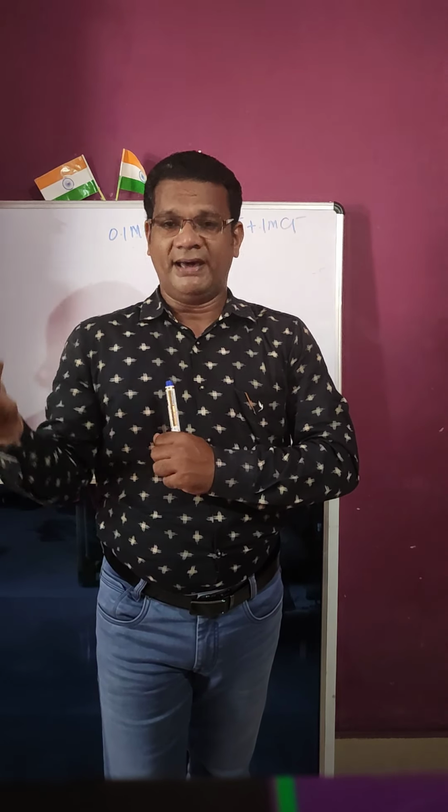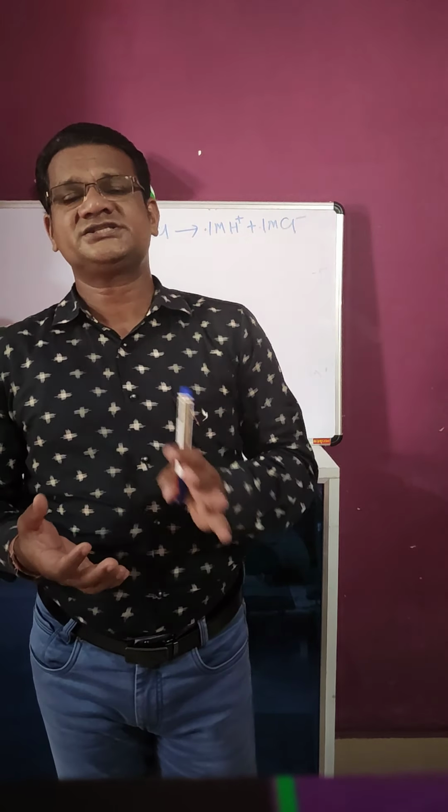Then that acid does not ionize completely, it ionizes partially. It will be called a weak acid. So strong acids are those which ionize completely and produce more number of H plus or H3O plus ions, and weak acids are those which ionize partially and produce fewer ions.